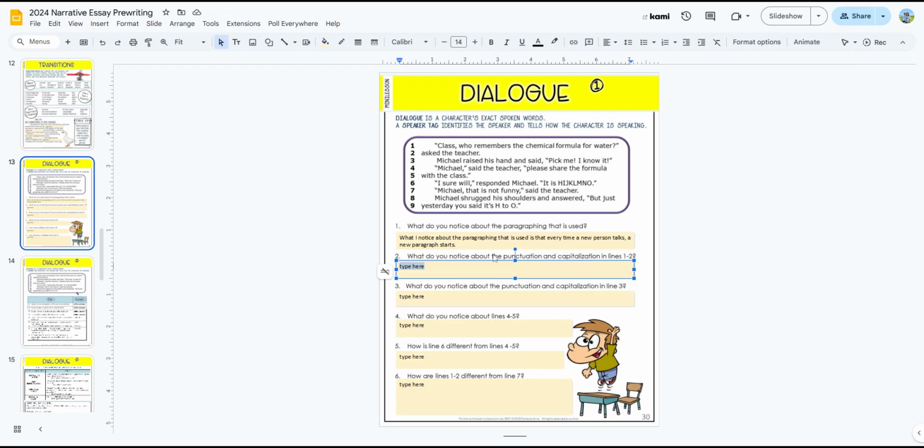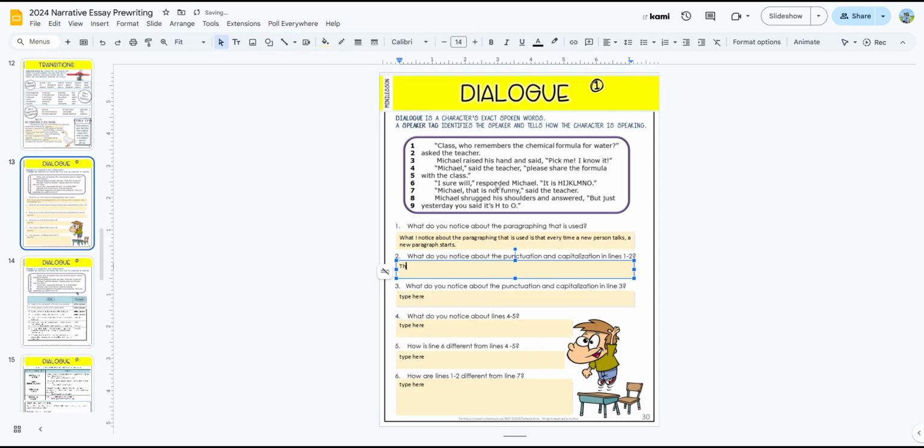There we go. Number 2, feel free to pause the video if you need to in order to get that typed in. Number 2, what do you notice about the punctuation and capitalization in lines 1 and 2? Well, I notice that we have a capital letter here at the beginning of when somebody speaks, and even though there's a question mark right here, which means it's the end of a sentence, the A in asked is not capitalized.